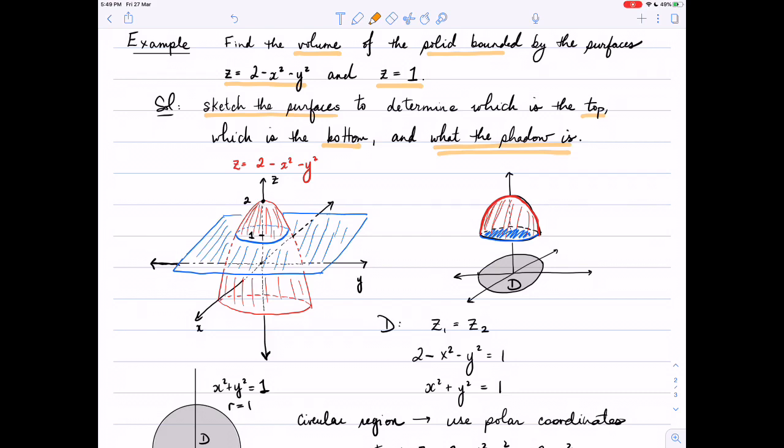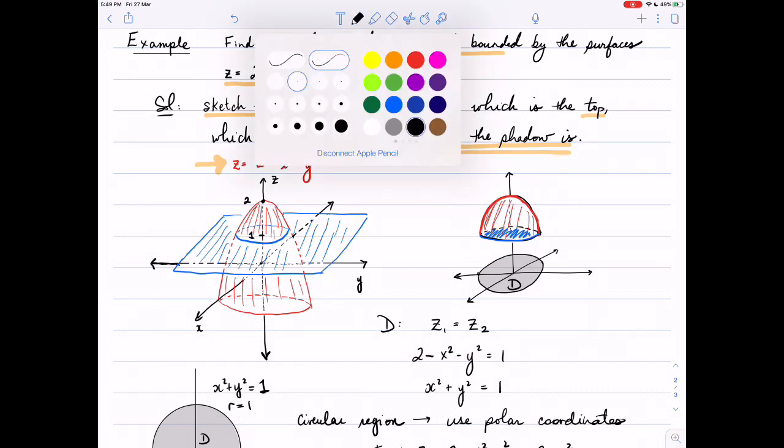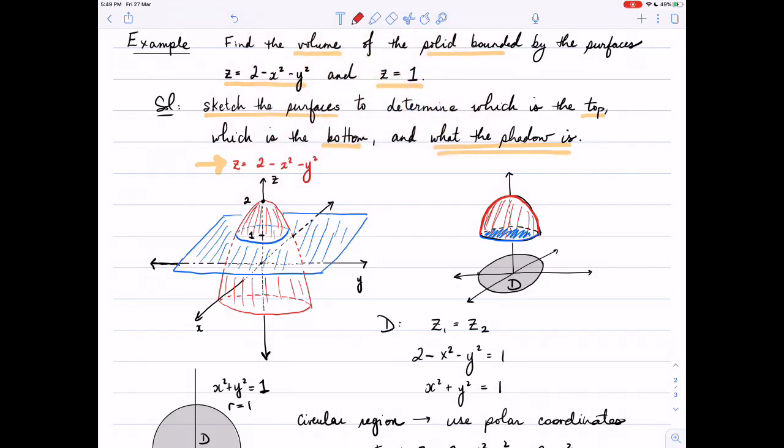So if we look at the first function, z is equal to 2 minus x squared minus y squared, that is a quadric surface that we learned was a paraboloid.